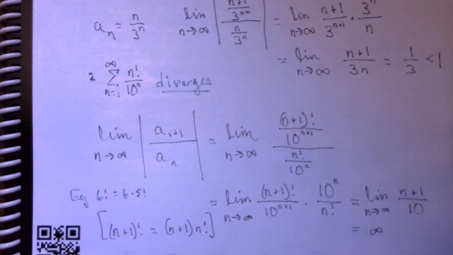So let's switch over to the front-facing camera again. That ratio test is part of D'Alembert's legacy to the mathematical world. Now, a big theme in this period, the period of time between Euler and Gauss, was the extension of calculus.